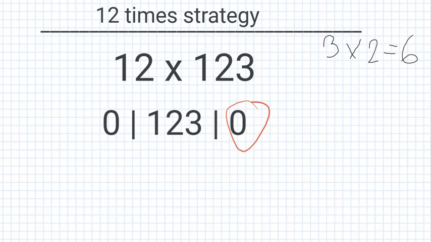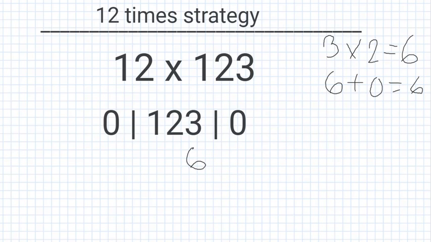Why we're adding it to 0 is because if you look at the ones place, which is 3, the closest number is 0. So 6 plus 0 is just 6. So you're going to write down 6.